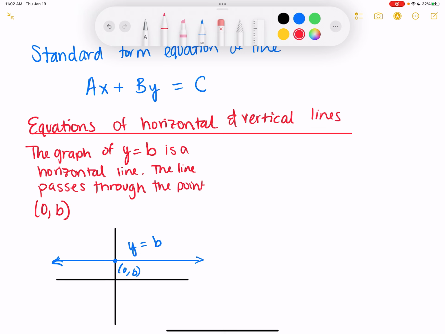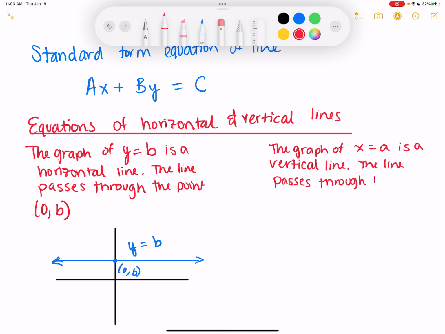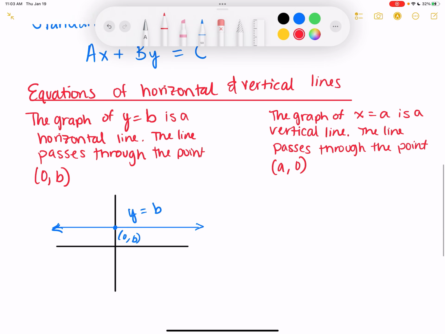Then the other one, the graph of x = a, is a vertical line. The line passes through the point (a, 0). It would look something like this.